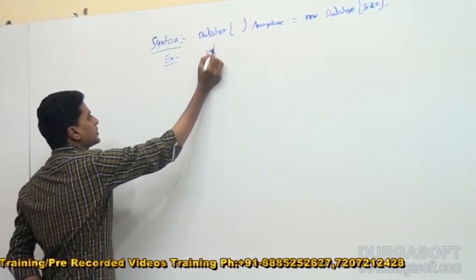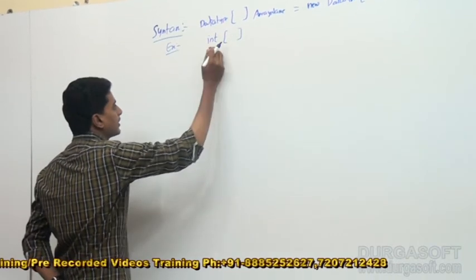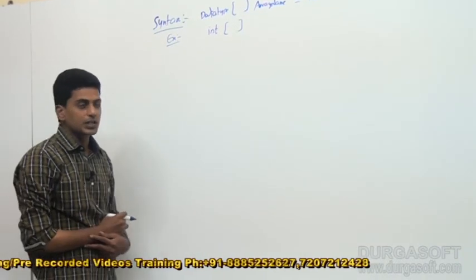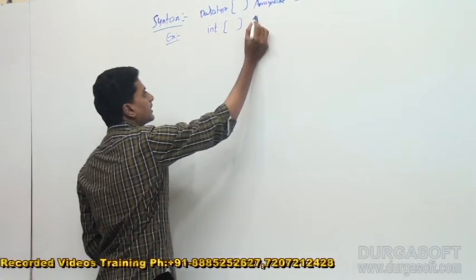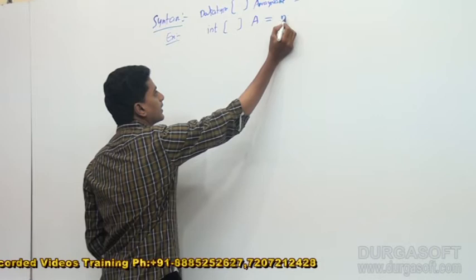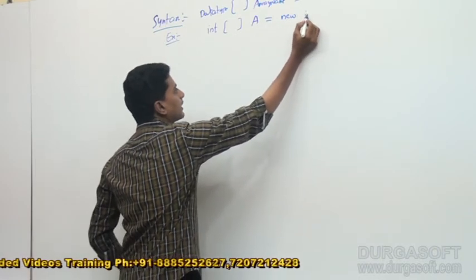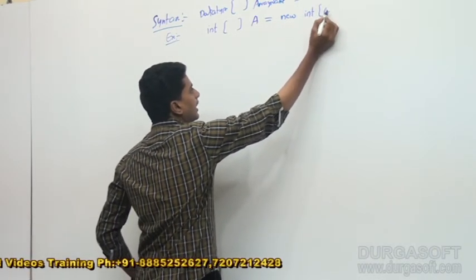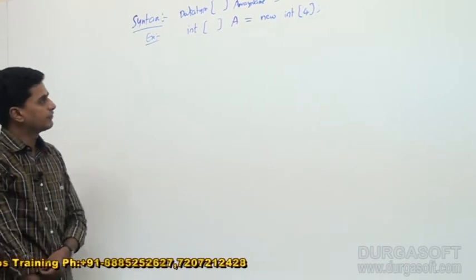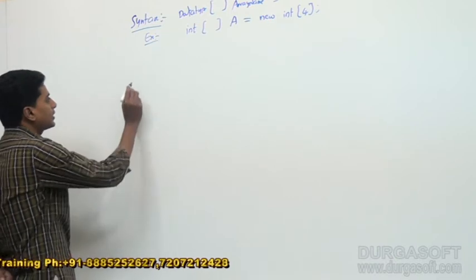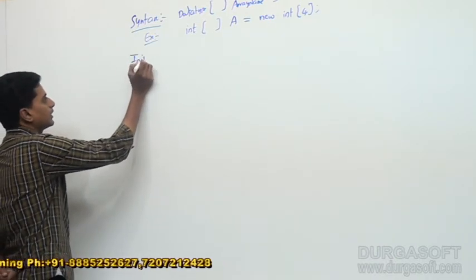Then an example you can take here like this. Data type is integer I am declaring. Then instead of integer, any type of data type you can take, because array is user defined data type. Array name I am taking a, then again new, data type is integer, and array size is 4 I am giving here. Okay, what is the array size I have given? 4. Then after that I would like to initialize the elements into this array.